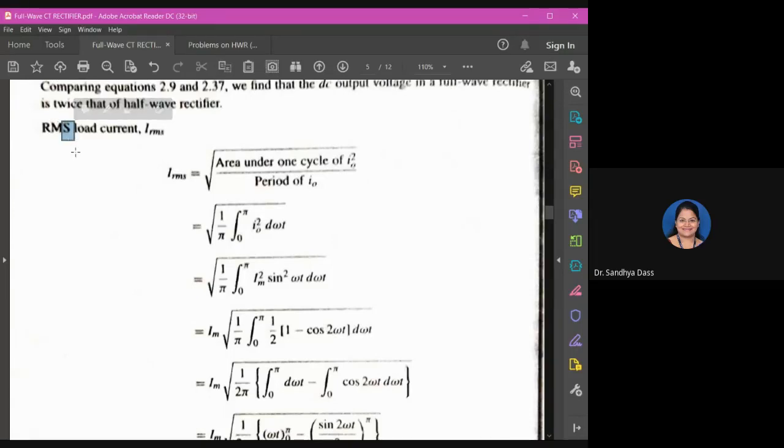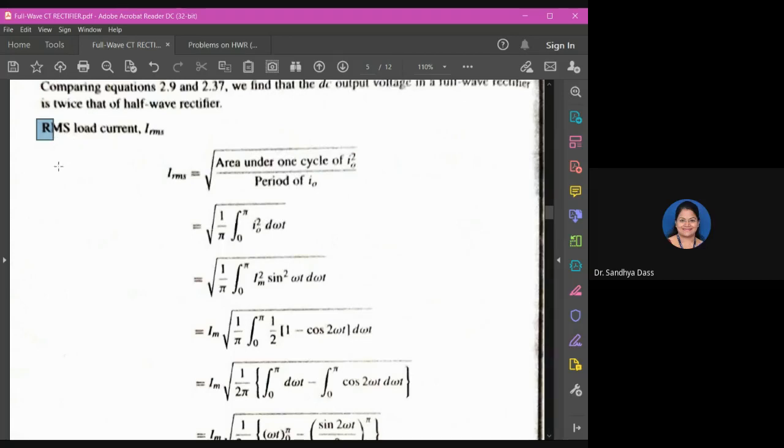Generally, what is the procedure? We will split that continuously varying parameter at regular intervals, take some value, square it, then take the mean of the squares, and take the root of the whole thing. That is, the square root of the mean of the squares is nothing but your RMS value.